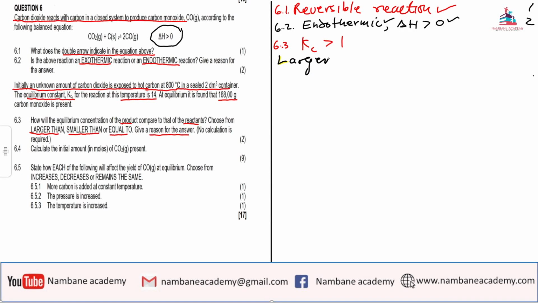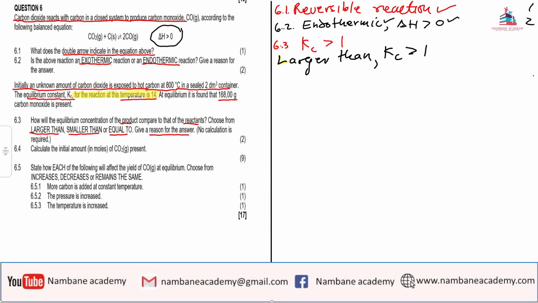Why larger than? Because Kc is greater than 1. So the concentration of the products will be greater than the concentration of the reactants. That is what the Kc value actually informs us.